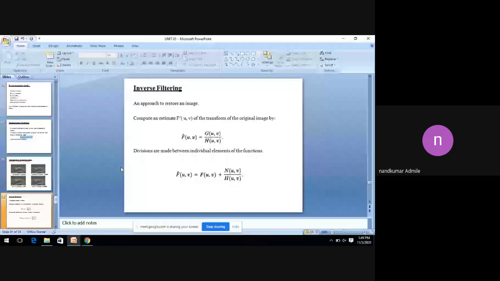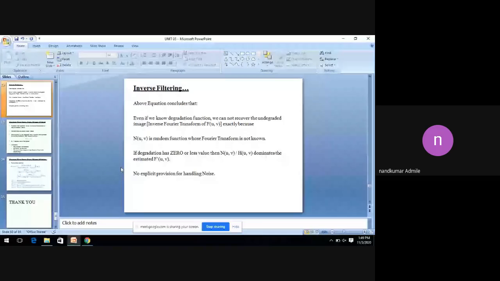Here we have to remove the maximum noise from an image. But when we use inverse filtering, a little bit of noise can still be present in the image.